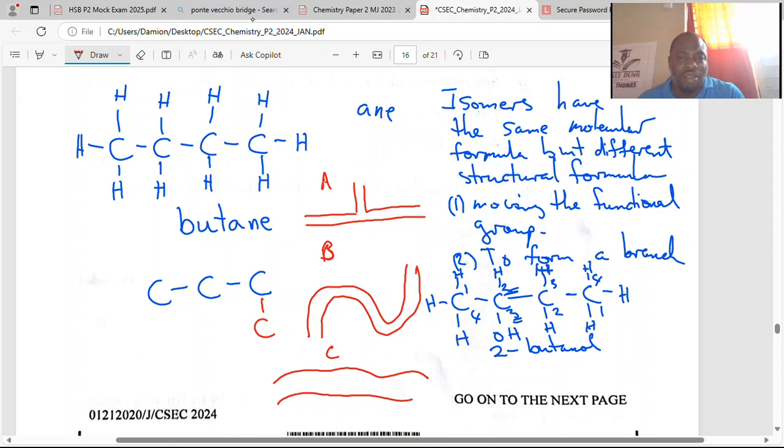A is different because we see one road branching off, not true?